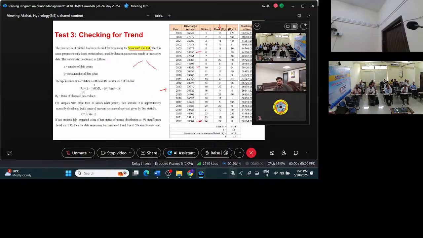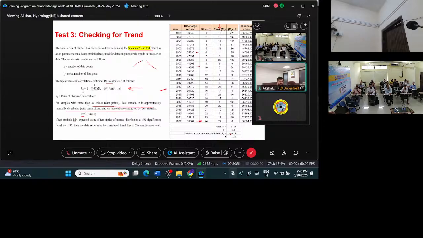And on the basis of this rank, some computations are done according to this formula. According to this formula, a Spearman rank correlation coefficient RS is computed. When RS is computed on the basis of this formula, we got that value as 0.25. And on the basis of this RS, we compute the Z value.